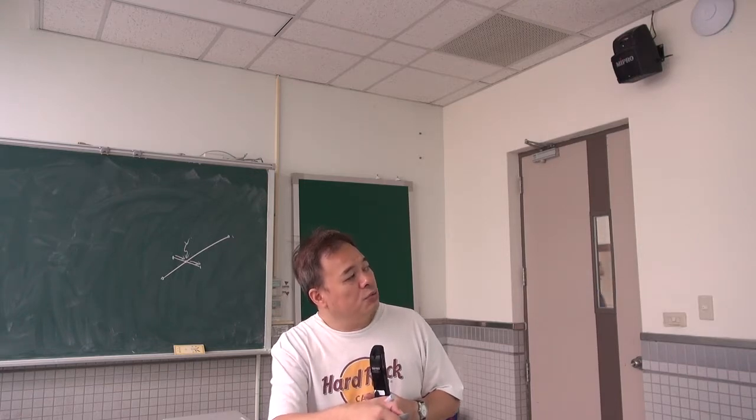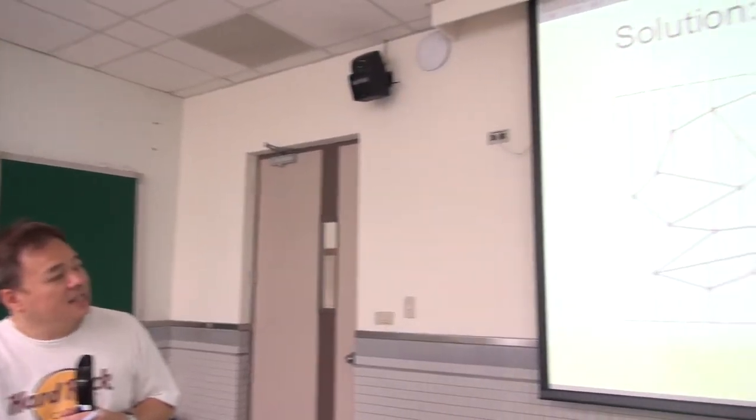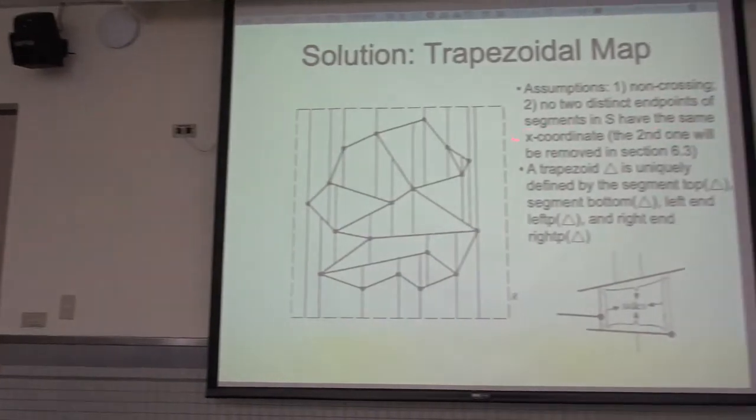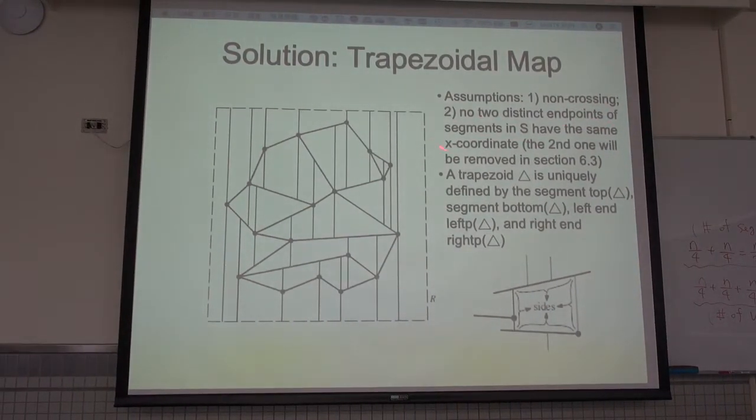We assume no two distinct endpoints of segments in S have the same x coordinate. This is special. We call such an assumption general position.